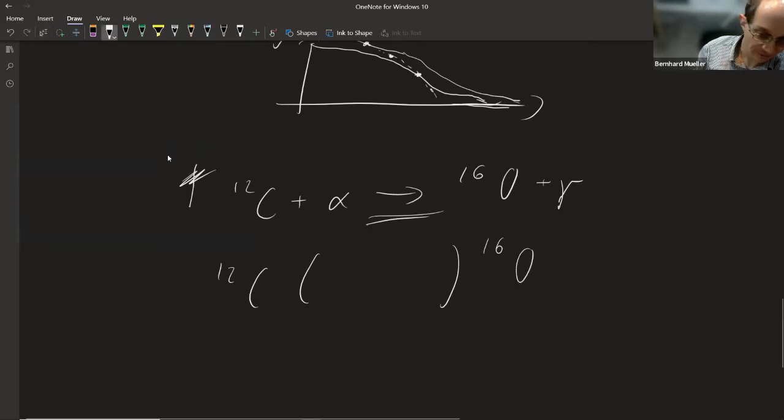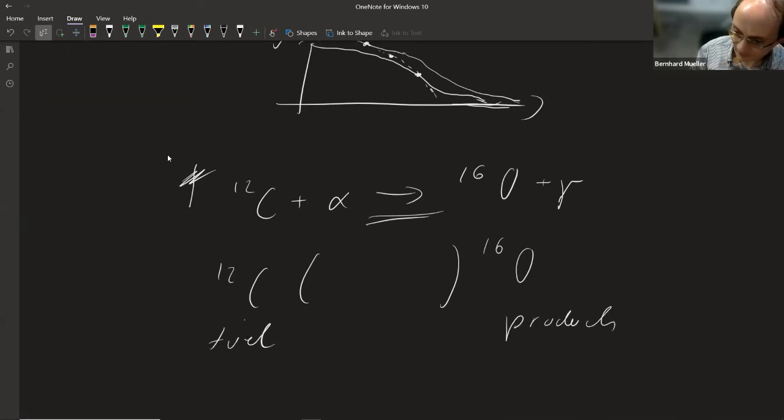So this is the fuel, and these are the products here. And any light particles that go in or go out are put into brackets. So this means carbon-12 plus alpha, helium going in, will go to oxygen-16 and a gamma going out. That's what this notation means.